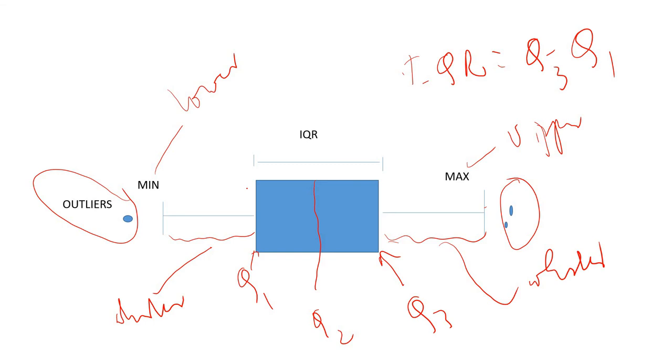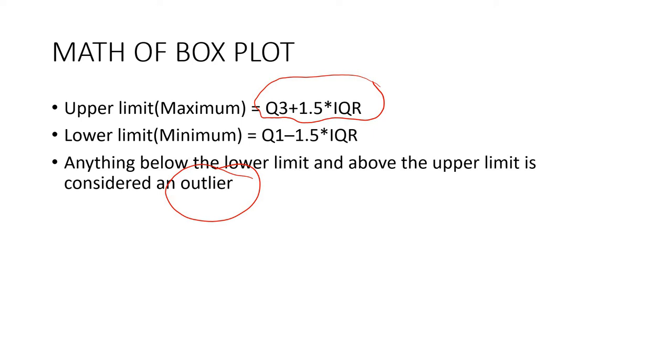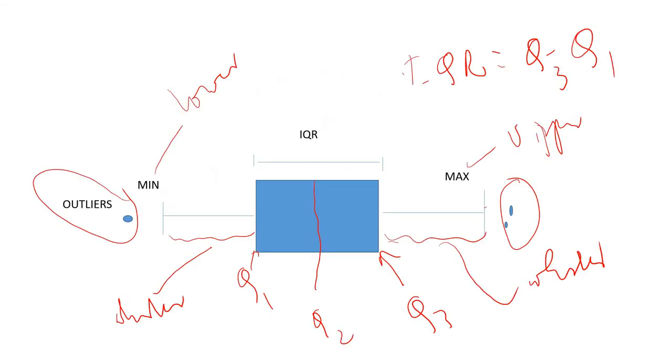First we calculate the IQR, then the min and max using Q3 plus 1.5 into IQR and Q1 minus 1.5 into IQR, and anything outside the min and max we consider outliers. From the box edge to the max is the whisker distance. So that is the whisker plot, or box plot.